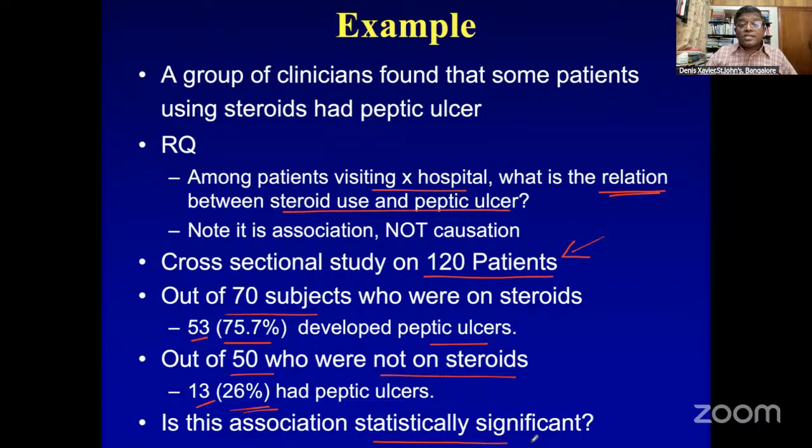Is this statistically significant? What is the meaning of this word statistically significant once again? That means, is this relationship real or is it just due to chance? Real means if you do a similar study in another population, we'll get a similar result. Or is it just out of some chance we got this result? That is the meaning of statistically significant.